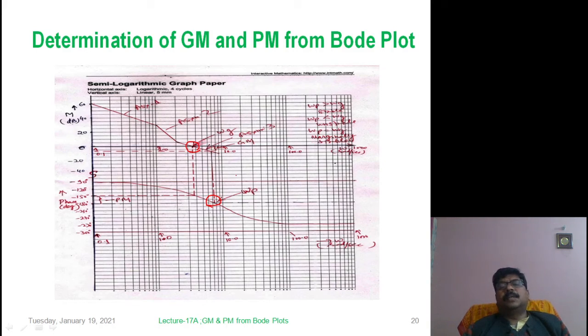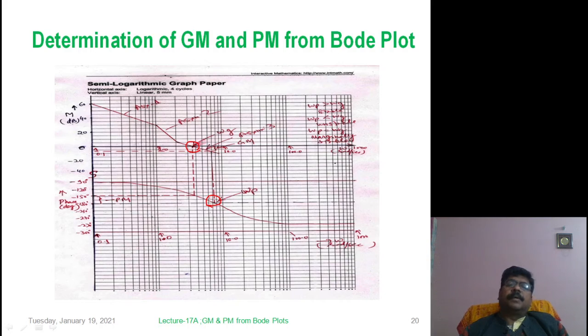So these are the things we have to remember to know the gain margin, phase margin, the value of the gain crossover frequency and phase crossover frequency. If the phase crossover frequency is greater than the gain crossover frequency, the system will be stable.